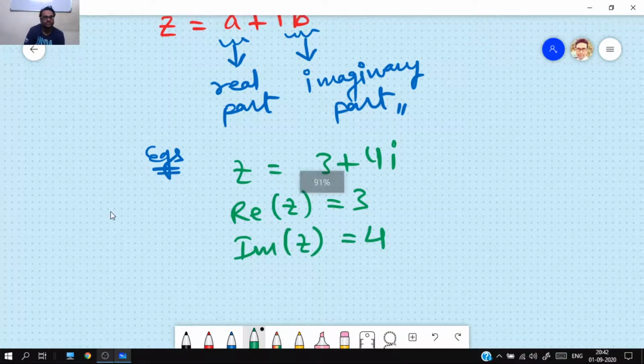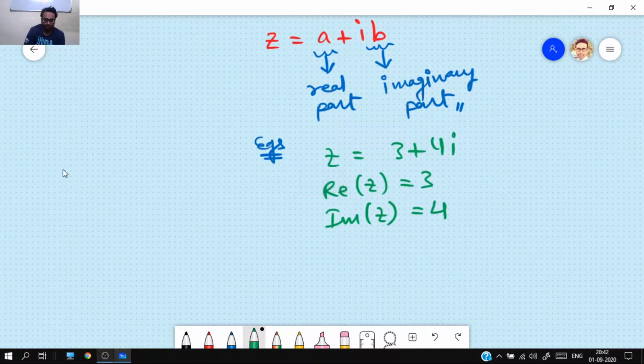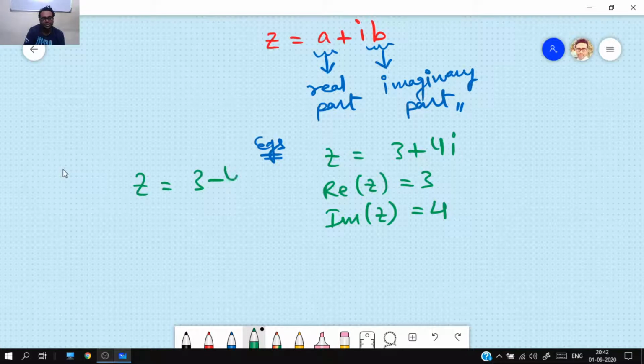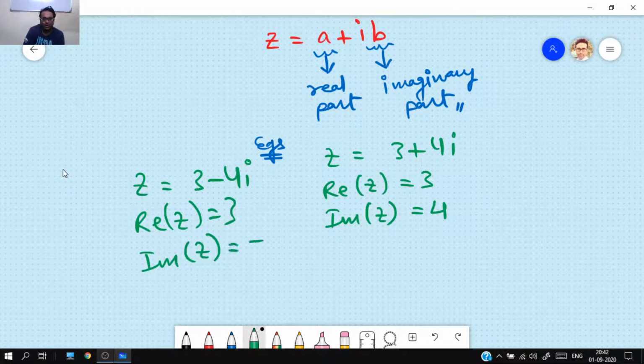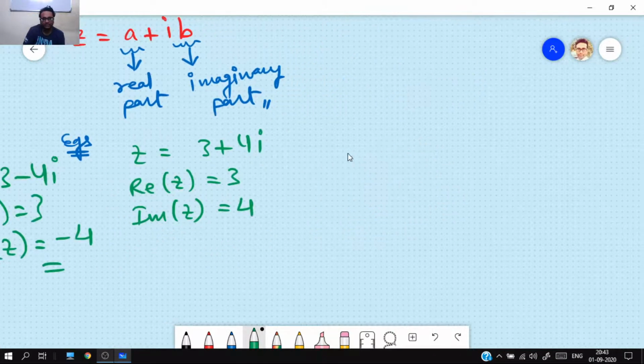Let me take another example. Z is equal to 3 minus 4i. In this case, the real part of z is equal to 3 and the imaginary part of z is equal to minus 4. I hope I am clear with this. Let me take one last example.